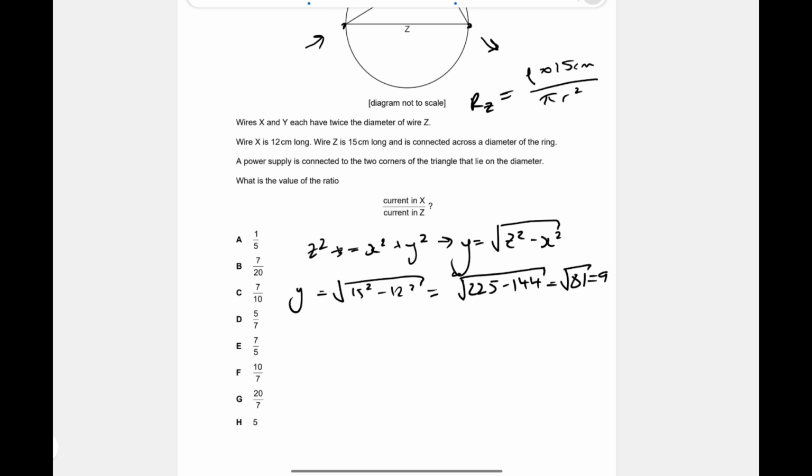So if we think about the resistance of the combined X and Y wire, it's going to be resistivity times the total length, which is 9 centimeters plus 12 centimeters, so 21 centimeters, over the area. X and Y each have twice the diameter of Z, so the area is going to be pi times 2r squared, which is 4 pi r squared.